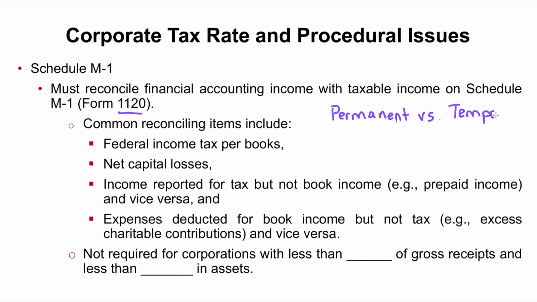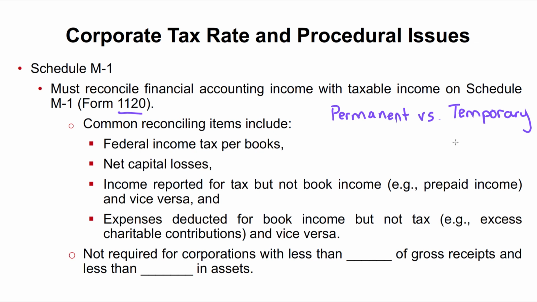An example of a permanent difference is something that either for book purposes or tax purposes we do, but we don't do for the other, and we're never going to reverse that. So a perfect example: municipal bond interest. It's not included in taxable income. However, it is included on the financial accounting books. It's reported as income. That's something that's never going to reverse.